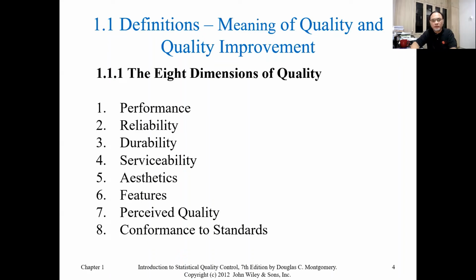If you care to refer to David Garvin, he said that quality can be broken down into these dimensions, which are performance, reliability, durability, and so on, serviceability. Because quality is not only just about product performance or the ability for it to meet its function.